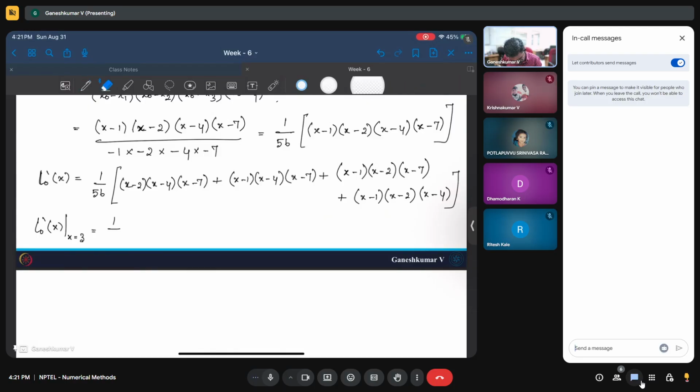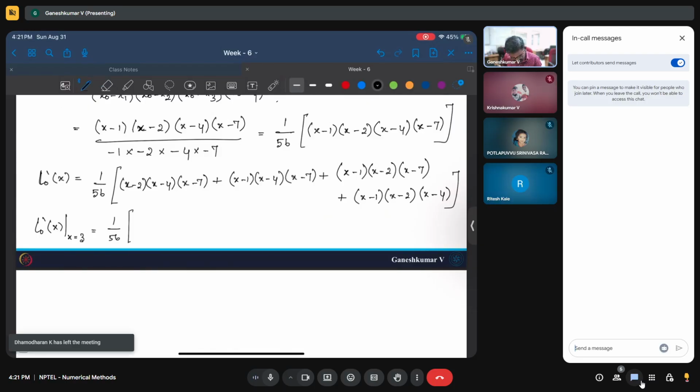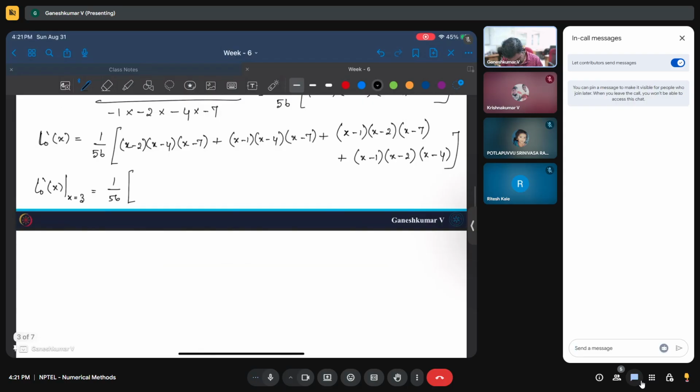So this will be 1 by 56. What will happen if you substitute 3 here? The first term will be 3 minus 2 is 1.